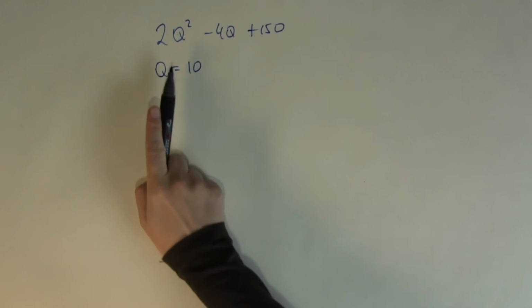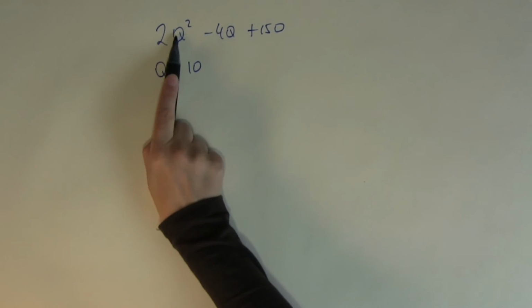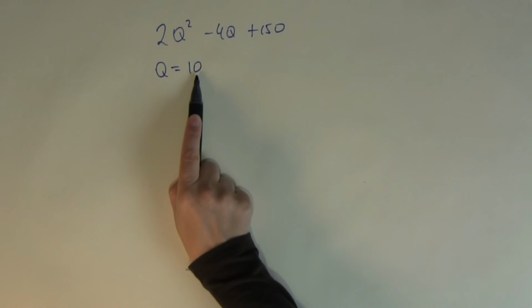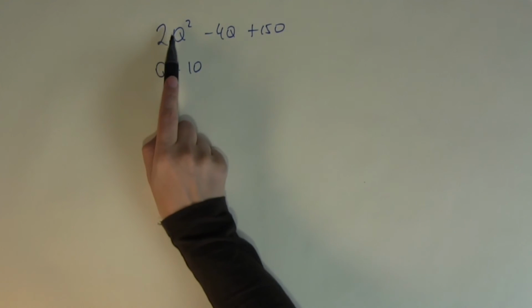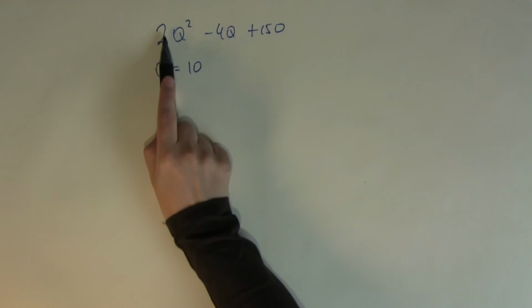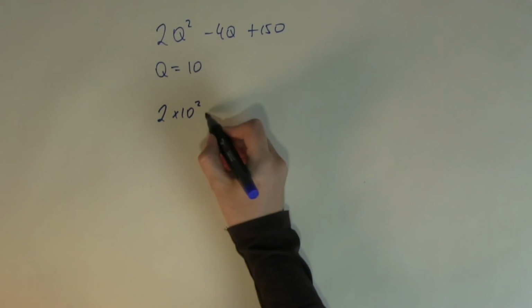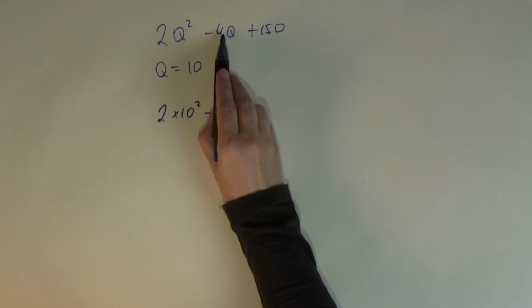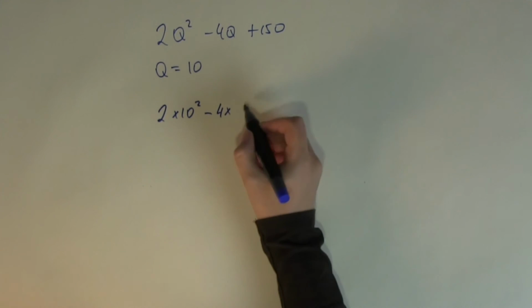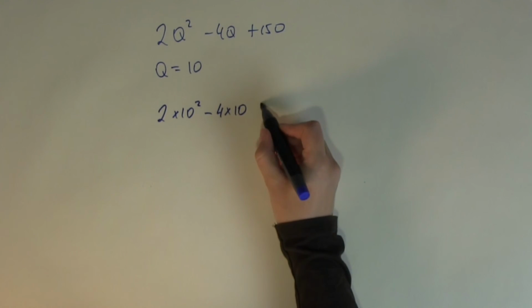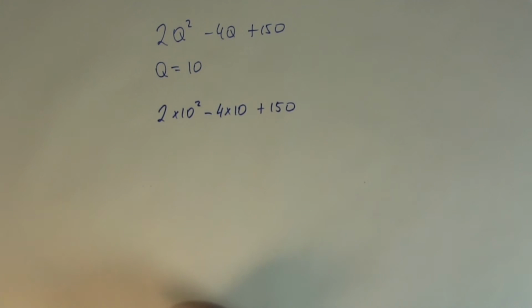Now, first of all, we need to substitute the letter q for the number 10. The 2 and q have no calculation sign in between, so that refers to multiplication. So I've got 2 times 10 squared minus, same case in the 4q, I need to multiply the 10 by the 4, plus the 150.